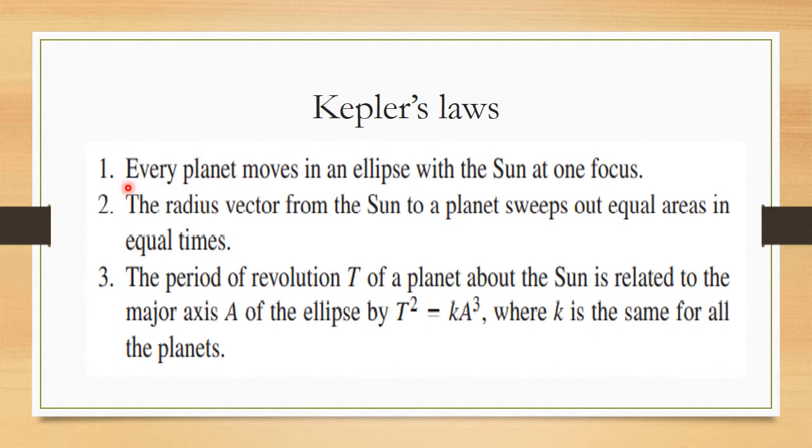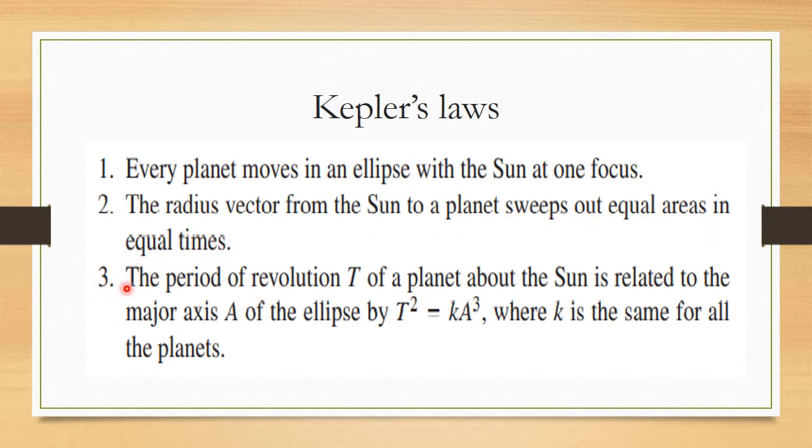There were three laws. The first one is every planet moves in an ellipse with the Sun at one focus. The second is the radius vector from the Sun to the planet sweeps equal areas in equal times.